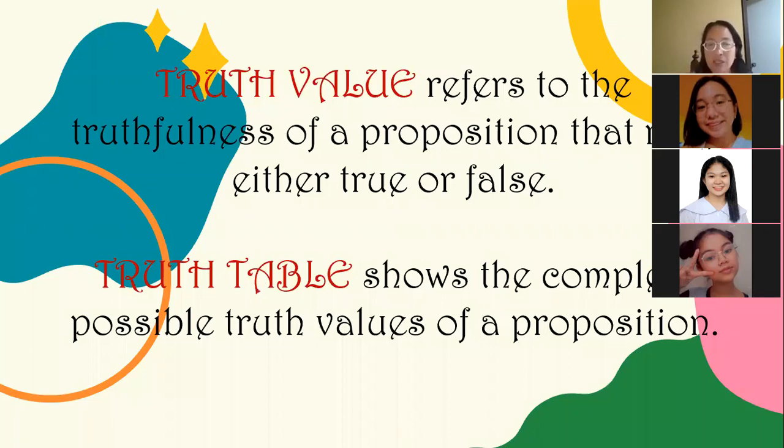The truth table shows the complete possible truth values of a proposition. You need to show all the different ways by which you arrived at the truthfulness or the falsity of the given propositions.